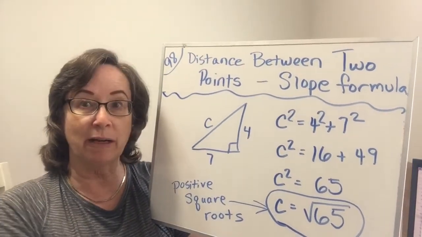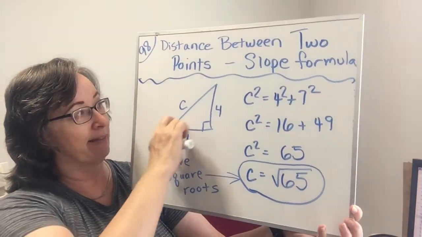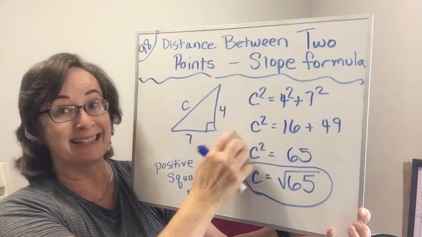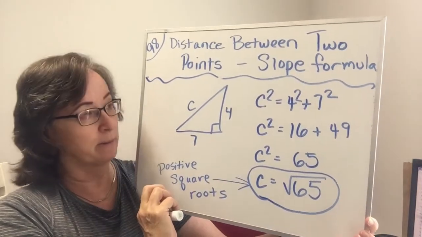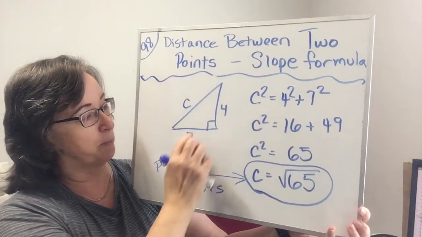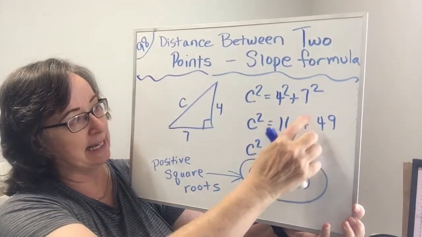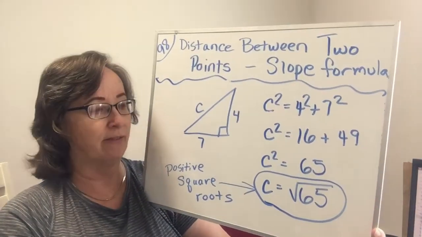Remember, last time we worked on Pythagorean Theorem, which tells us that the hypotenuse squared is equal to the sum of the two legs squared. So in this one, we have c squared is equal to 4 squared plus 7 squared. So c squared is 16 plus 49, or c squared is 65.